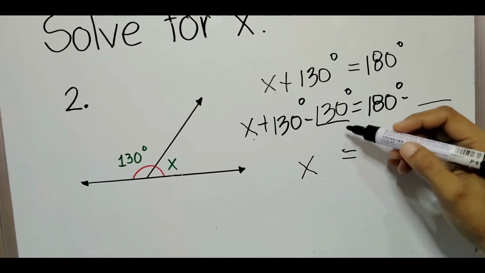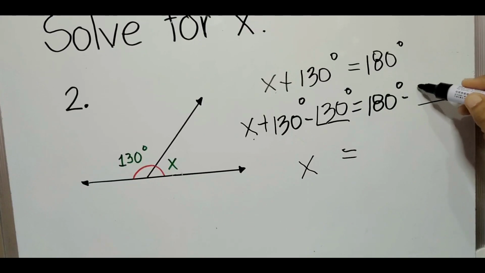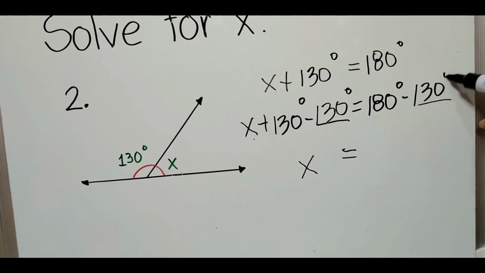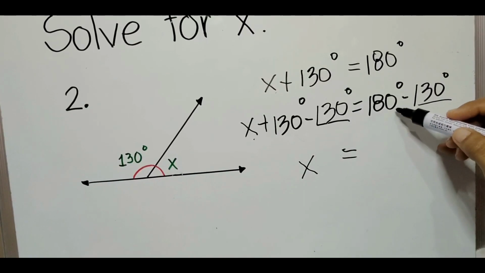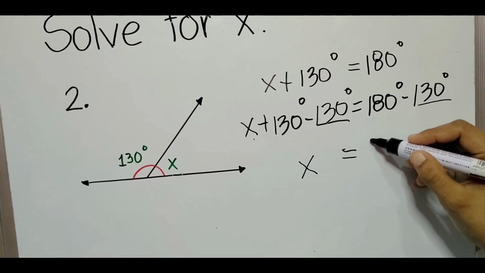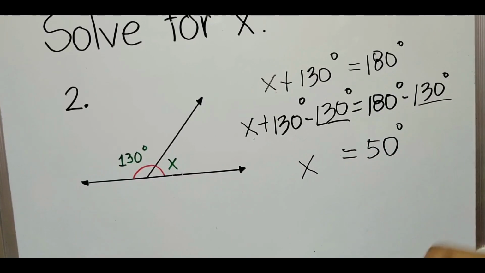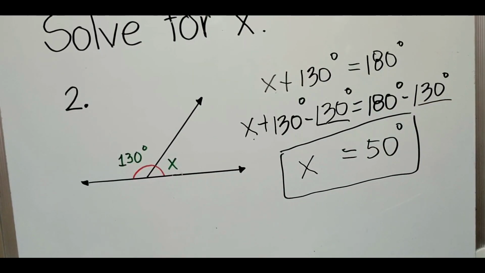Now, to keep the equation balanced, we will also subtract 130 degrees on the other side of the equation. So, simplify 180 degrees minus 130 degrees. The answer is 50 degrees. So, therefore, the value of x is 50 degrees.